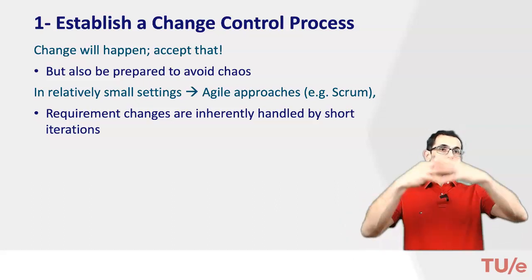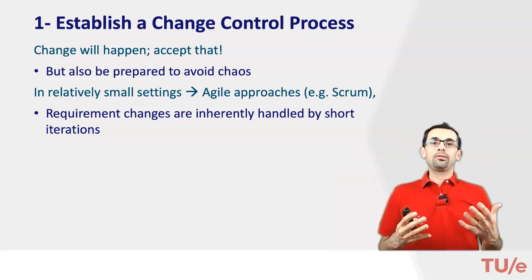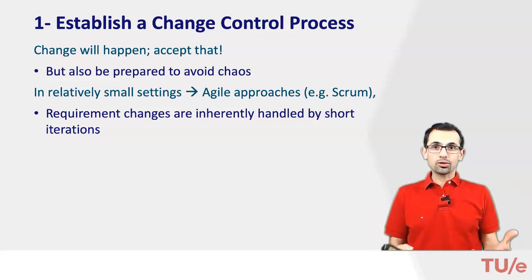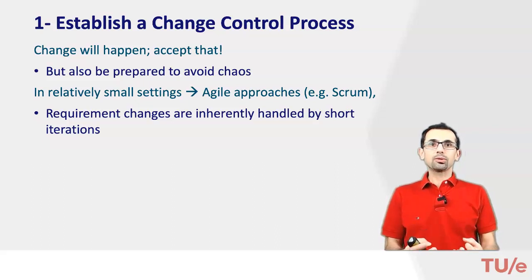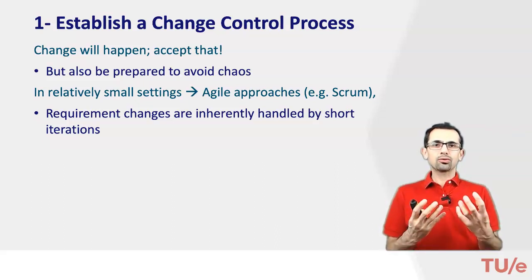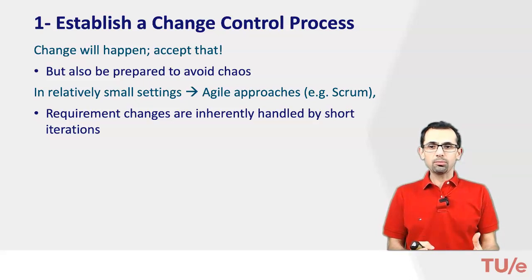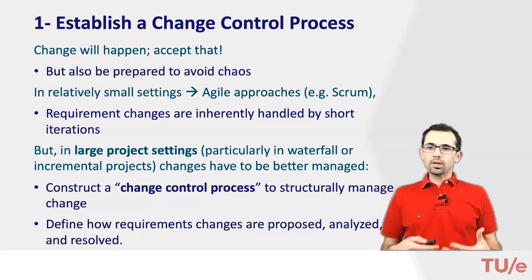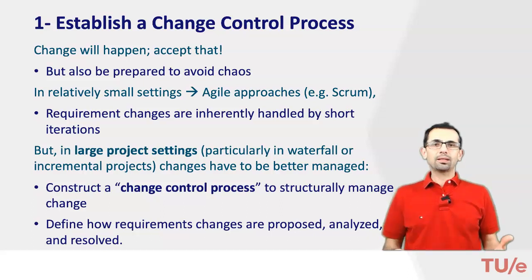Again, the entire agile approaches in fact emerged to manage requirements changes. So requirements management, or change control, is extremely important. And how do you handle it in large project settings, particularly in waterfall or incremental projects?